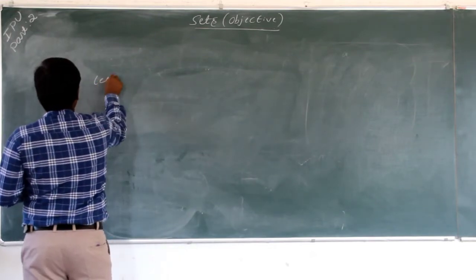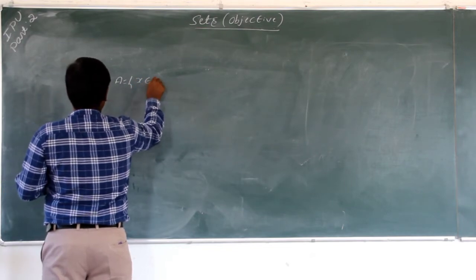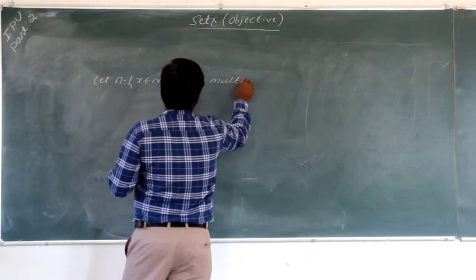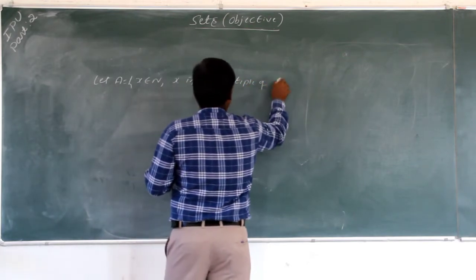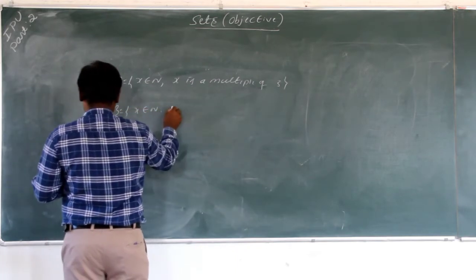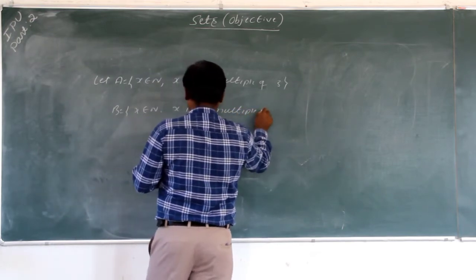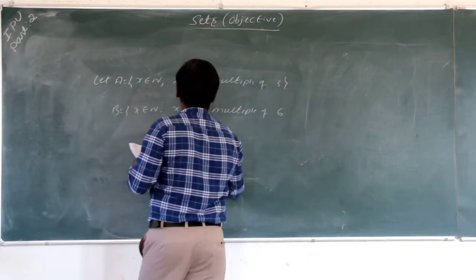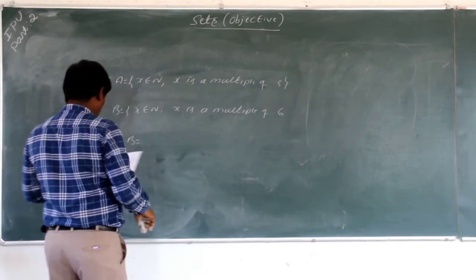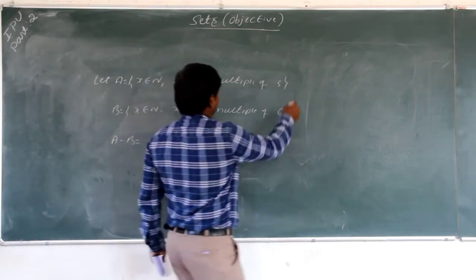Let A be the set of elements x belongs to N where x is a multiple of 3, and B be the set of x belongs to N where x is a multiple of 6. Then A minus B is equal to what? See here, this is a multiple of 3.